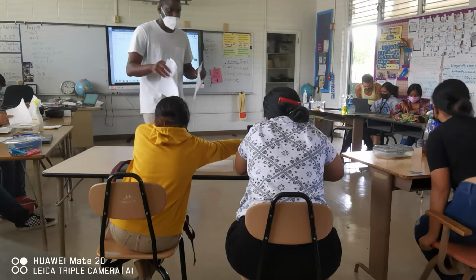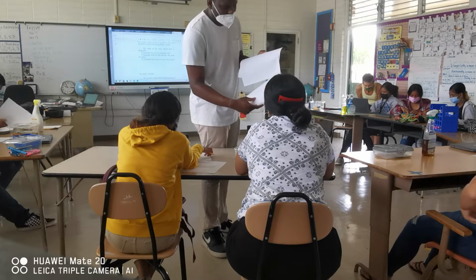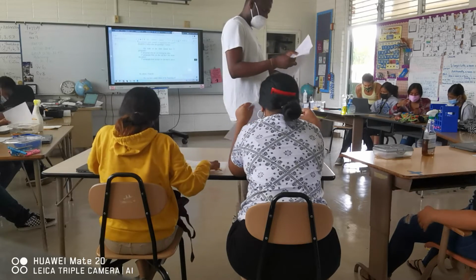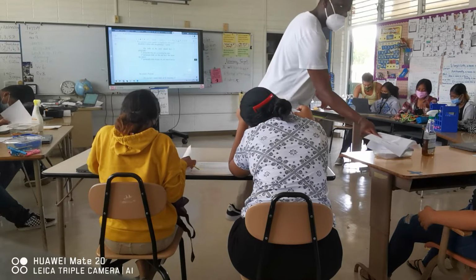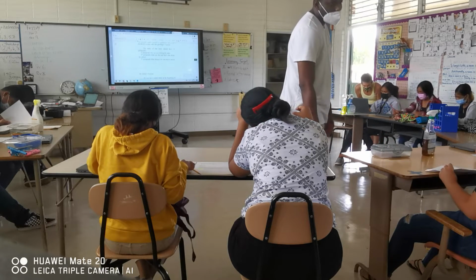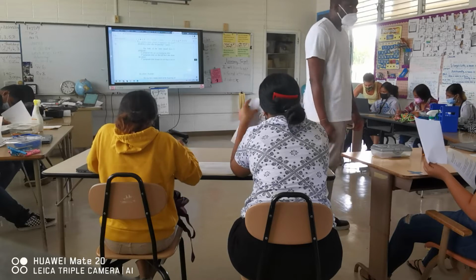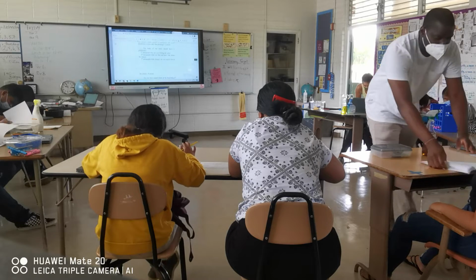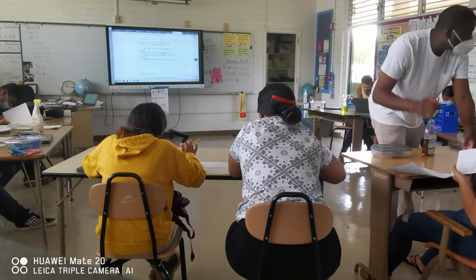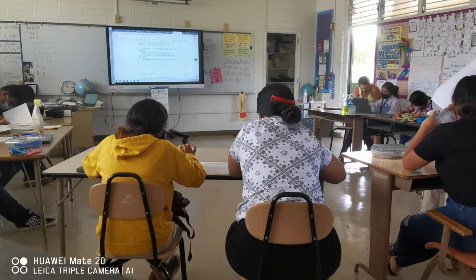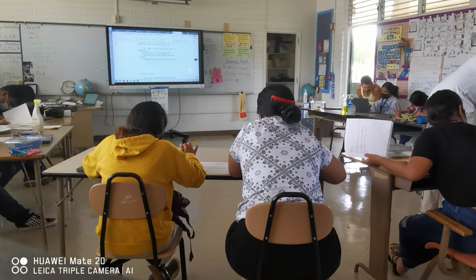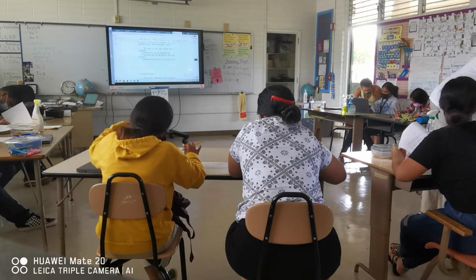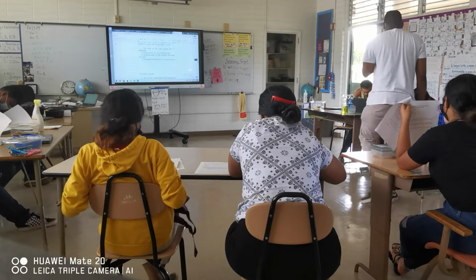You didn't really write your letter, so you have to write a letter. So you have to use the rubric to make changes to your letter. So your letter has to be perfect, right? So you have to follow each one of these. You have to use the rubric to change your letter, okay?